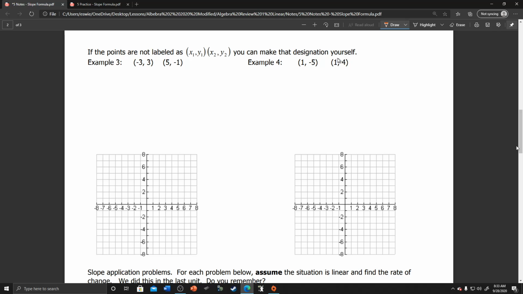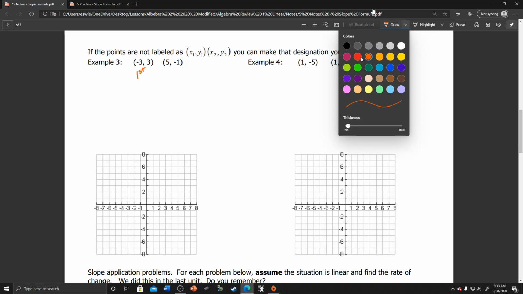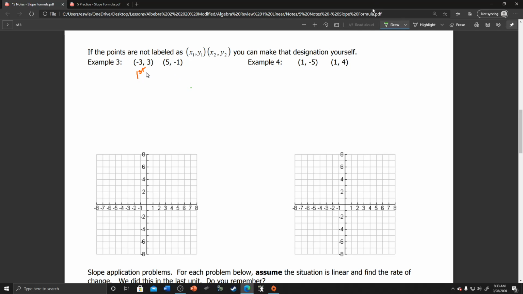And it actually doesn't matter which point you choose as first or second. So I almost always just, whatever one is listed first, I'm going to call the first point, and whichever one is listed second, I'm going to call the second point. So maybe I'll just do 1 and 2. So that's first point, second point.